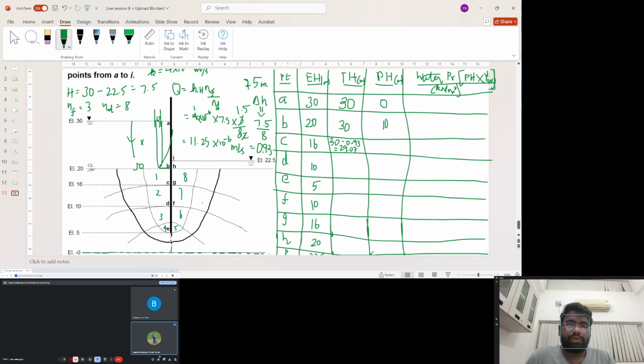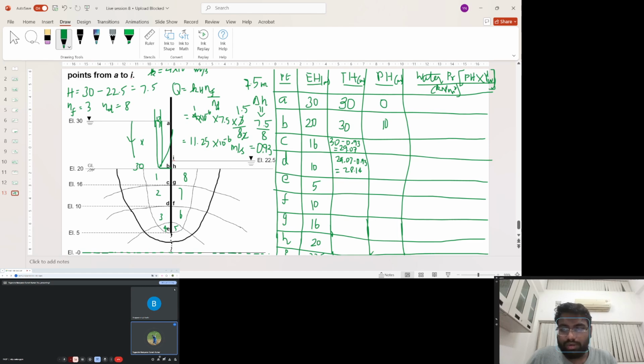That gives us 29.07. Once it reaches D, it is 29.07 minus 0.93, which gives us 28.14. In between, we have another drop here.